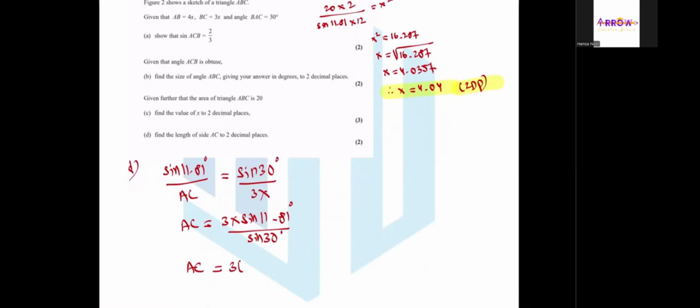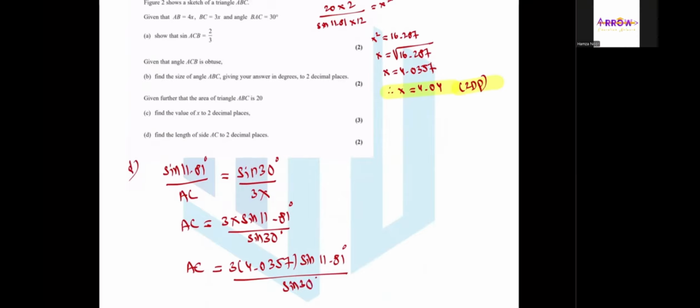So AC is equal to 3 times 4.0357. I'm using this value of x to a higher degree of accuracy, as I've repeatedly mentioned earlier. So 3 times 4.0357 multiplied by sine 11.81 divided by sine 30 degrees.